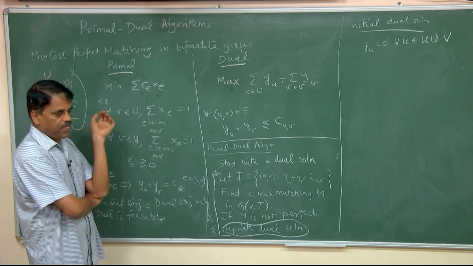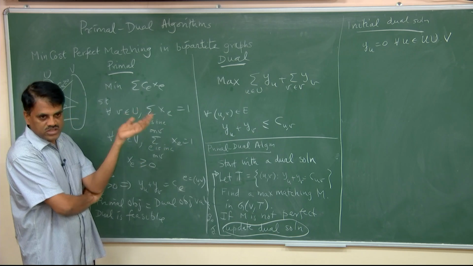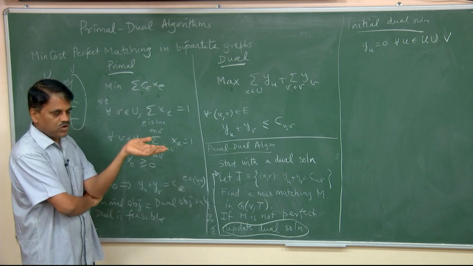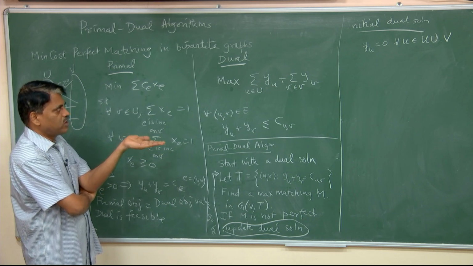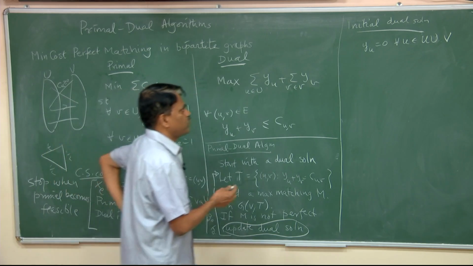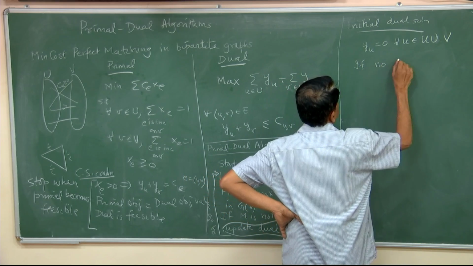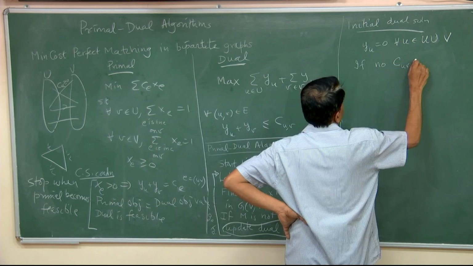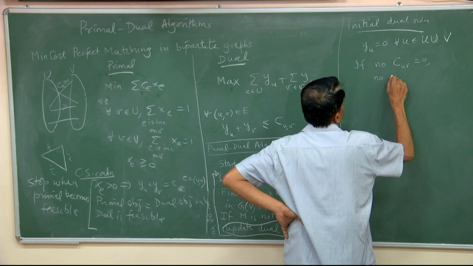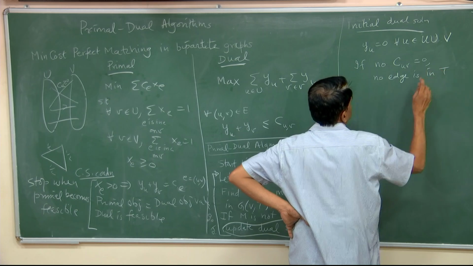So now you notice that you can actually improve. If no edge cost is 0, then I can improve the dual value, because it's an optimization problem. If no c_uv is 0, no edge is tight. No edge is in T.